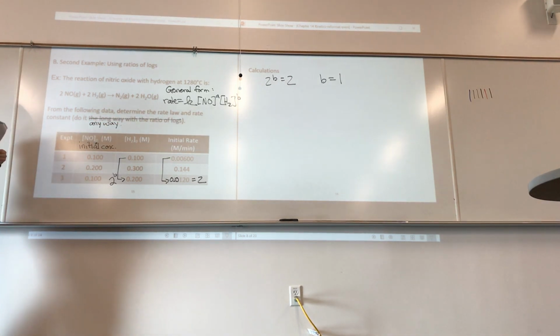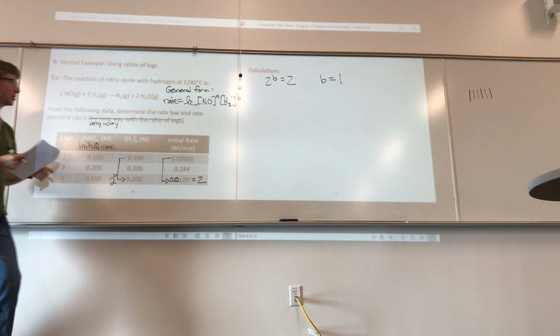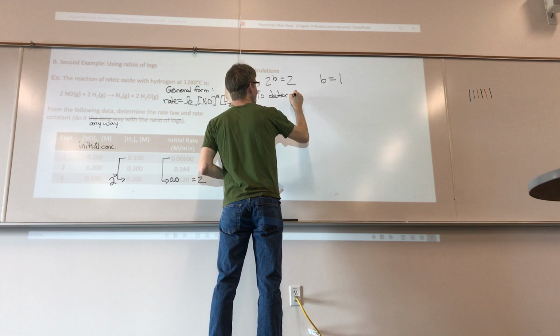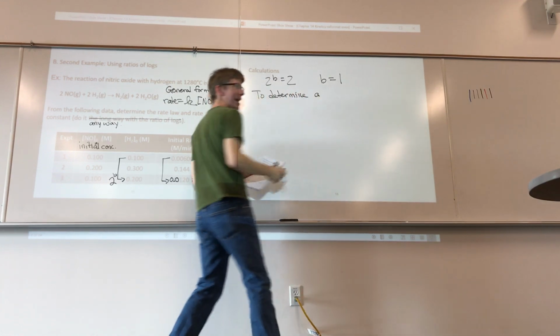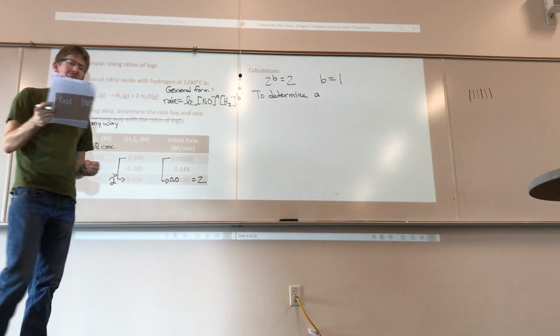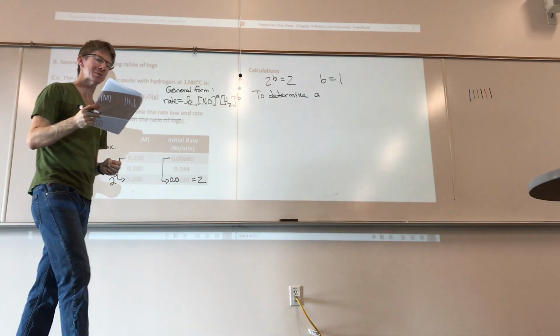And so here's what we're going to do. To determine A, the other exponent, we're going to take the ratio of experiment 2 divided by experiment 3.